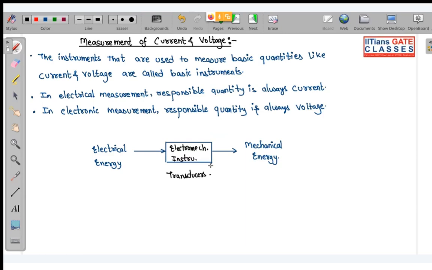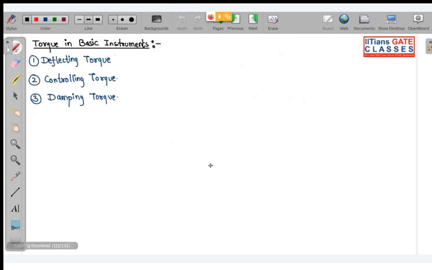Now there are a few basic torques in our basic instrument that we have to study. The first is your deflecting torque, denoted by tau d. Next is your controlling torque, denoted by tau c.